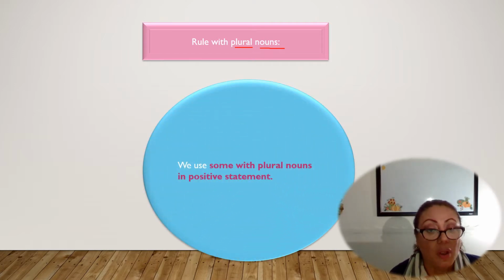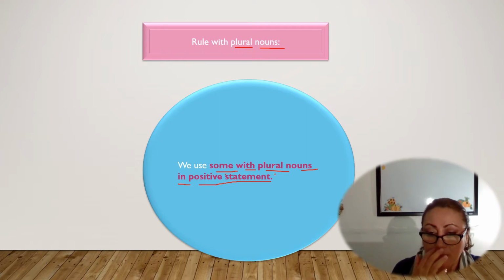We use some with plural nouns in positive statements. What is a statement? A statement is the sentence. And a statement is information, is the sentence. A statement es la oración. We call that sentences, and a sentence or a statement is an affirmative sentence.